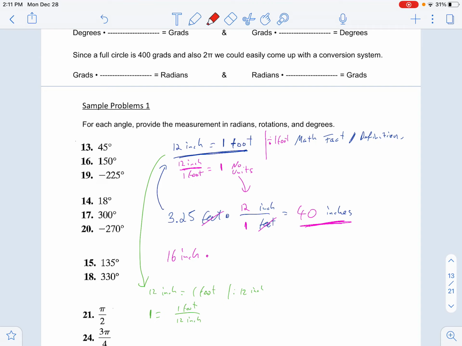Now notice this over here is a 1. I'm going to plug in this version of it, which is 1 foot divided by 12 inches, and then just let the math do its thing. The inches cancel out, and we have 16 over 12 feet, which gives me, roughly speaking, 1 and a third feet.